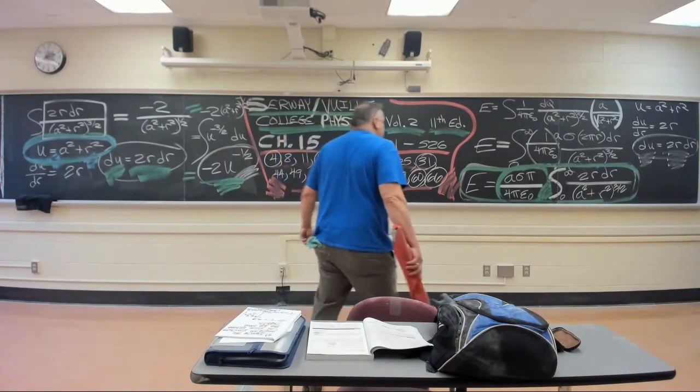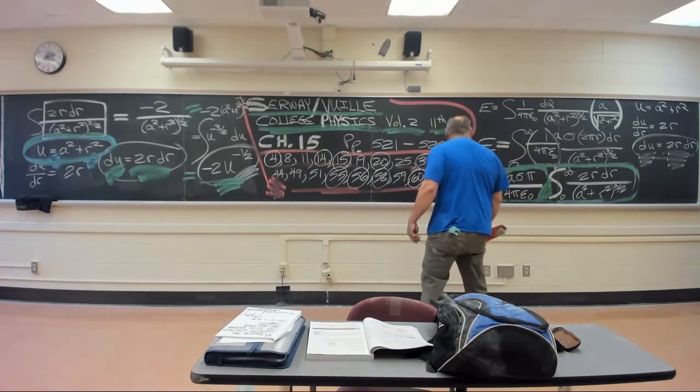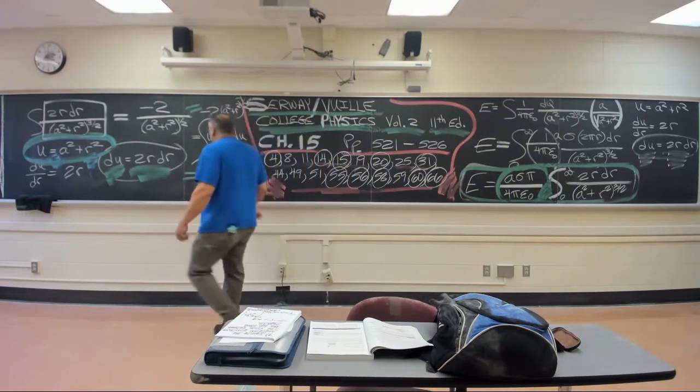Now let's multiply those answers by a sigma pi over 4 pi epsilon naught. We got all this stuff.